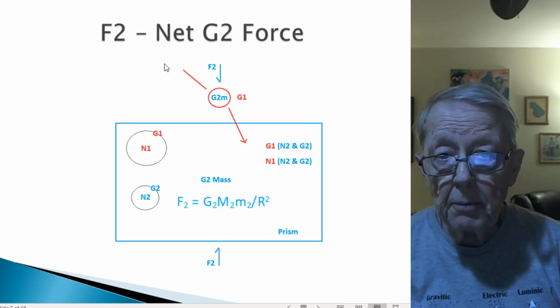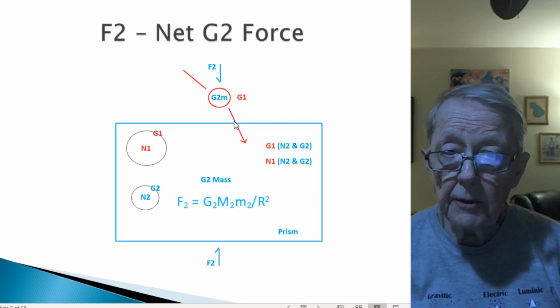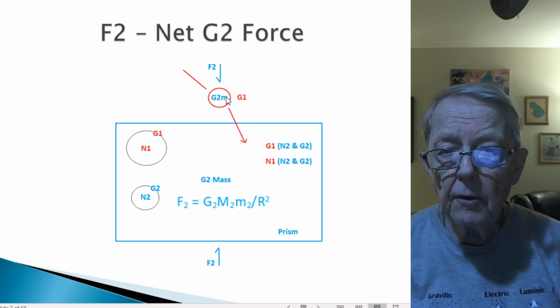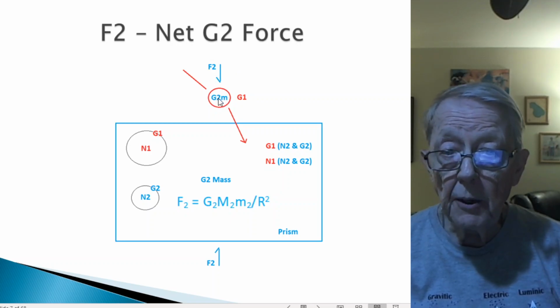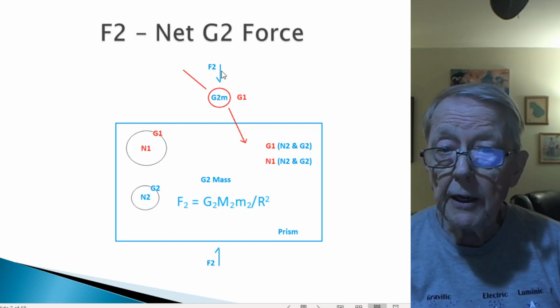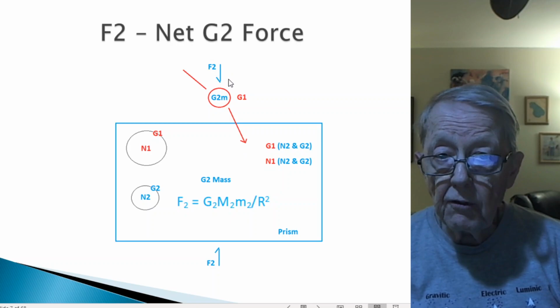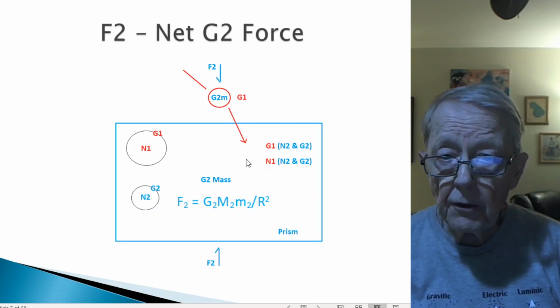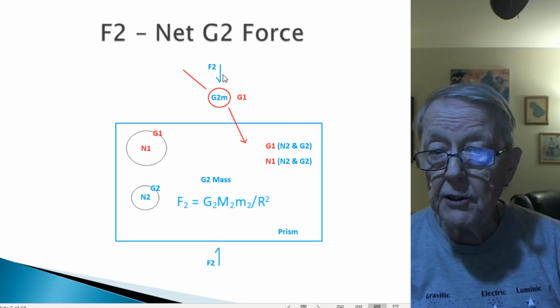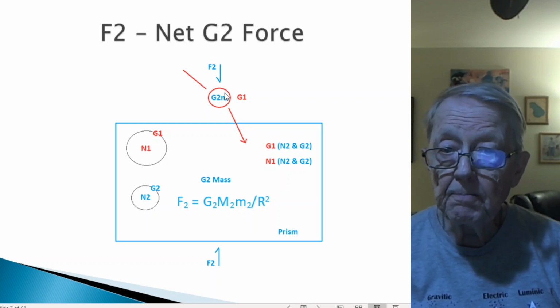Someone throws the apple and it's falling to the ground. The apple has a G1 mass, and the Earth has a G1 mass, and you end up with an F1 force pushing the apple down to the Earth. That force is based on Newton's equation.